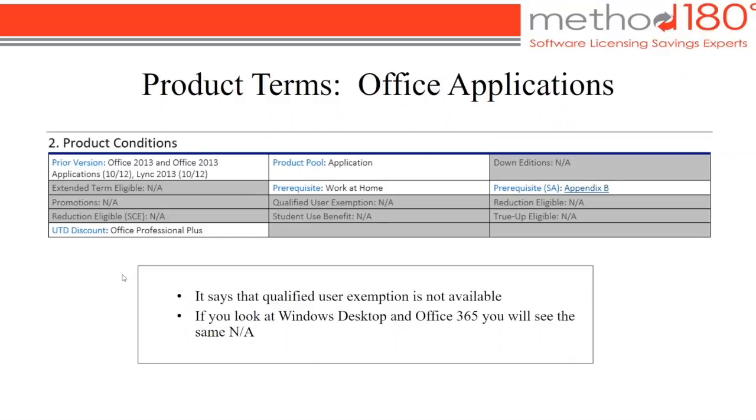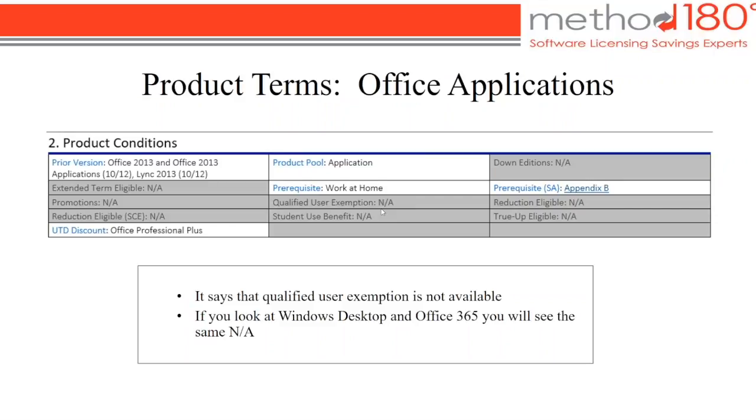What I was saying is, if you go into the product terms and look at Office itself, you're going to see this section where it says qualified user exemption, not applicable. So there's really nothing there to help us. And if you look at Windows Desktop OS or Office 365, you're going to see that same not applicable.